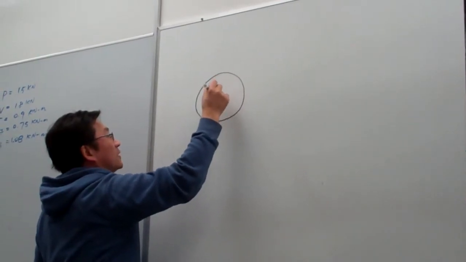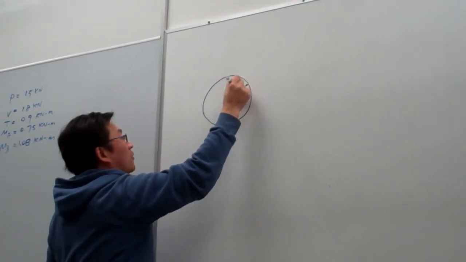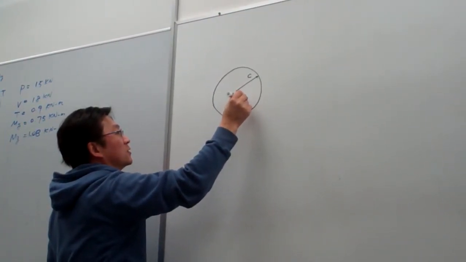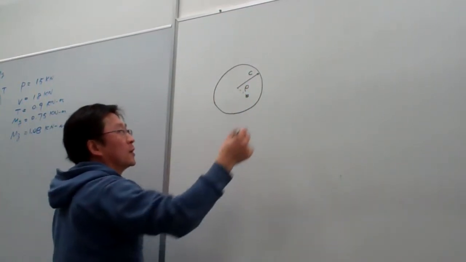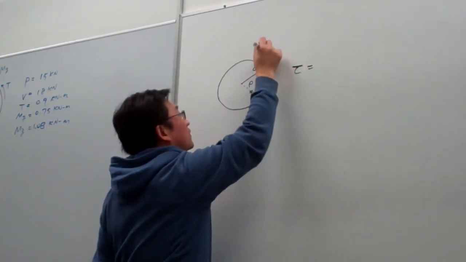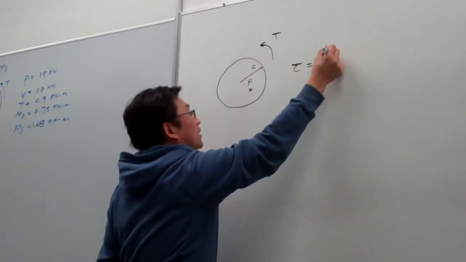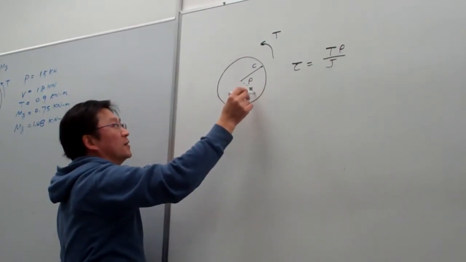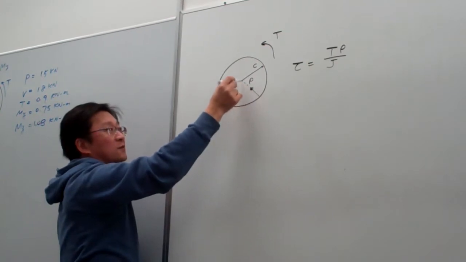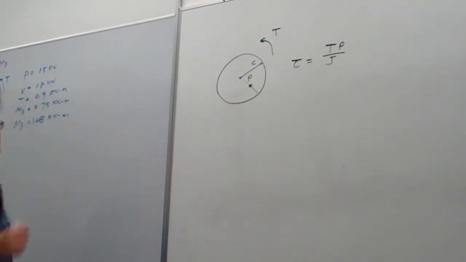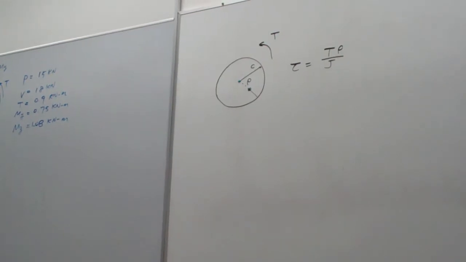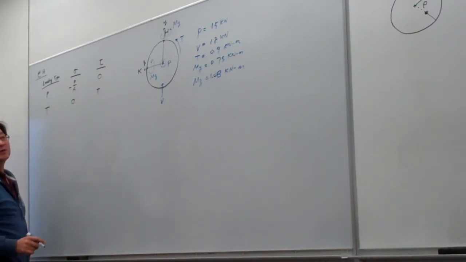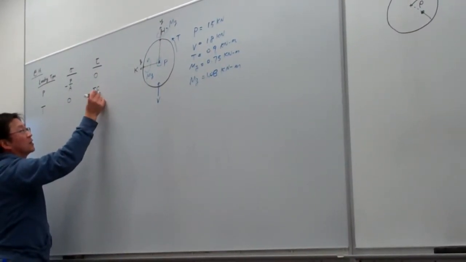If this is a shaft, and this is our outer radius C, and at any location, for example, that is rho, we know that the stress equals, if this is the torque T, T rho over J. And rho is the parameter identifying any point by its radial distance from the center. So for this case, we use that formula: tau equals T, and H is at the radius C, over J.